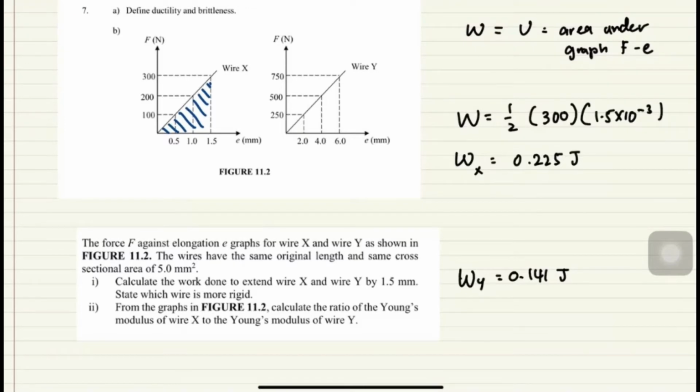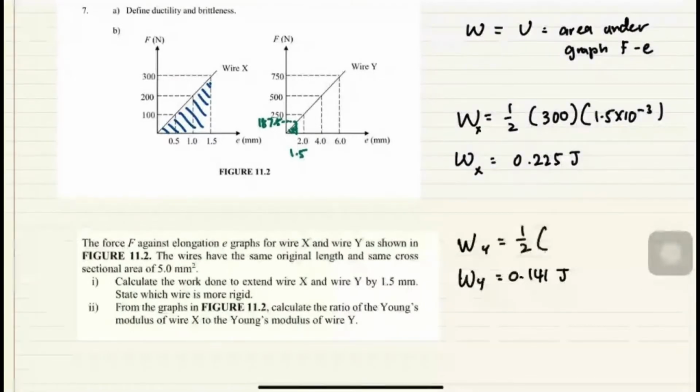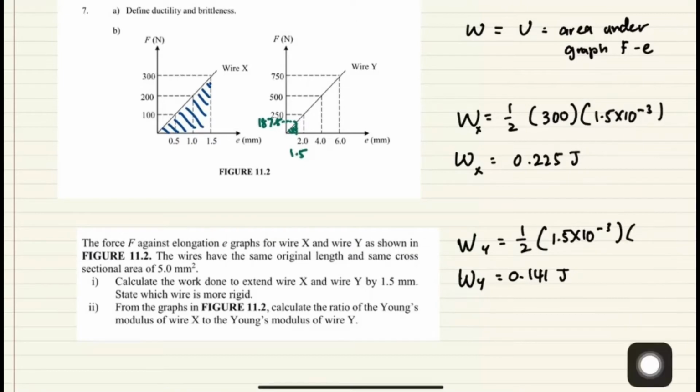So the area tu kecil je. Okay, so in this case 750 tu pun bahagi 4. Dapat apa tadi? 750 bagi 4 juga 187.5. Okay, ini yang saya nak tunjuk balik sebab takut ada yang termiss out. 1.5 darab 10 negatif 3 multiply with the height which is 187.5.